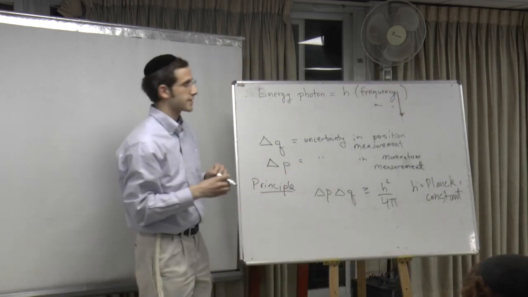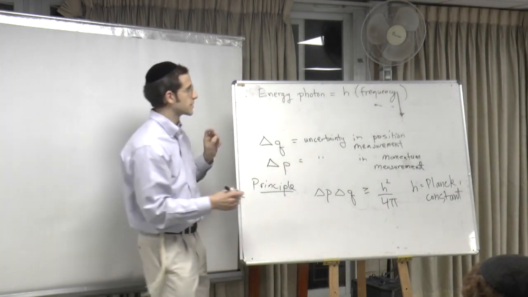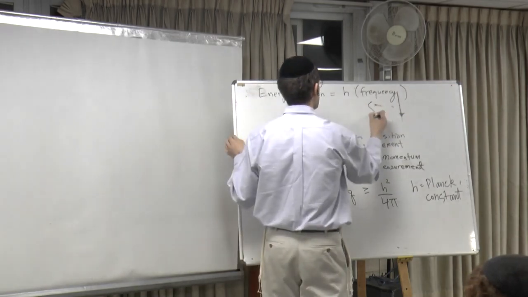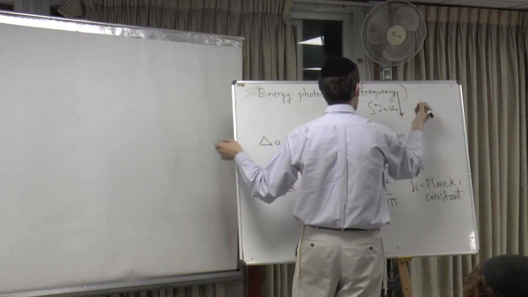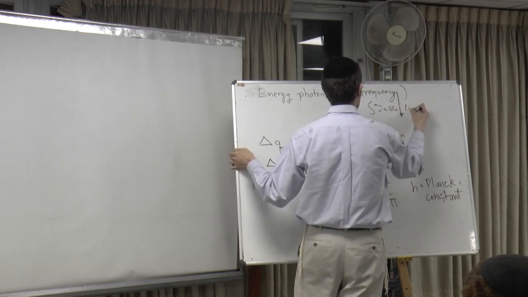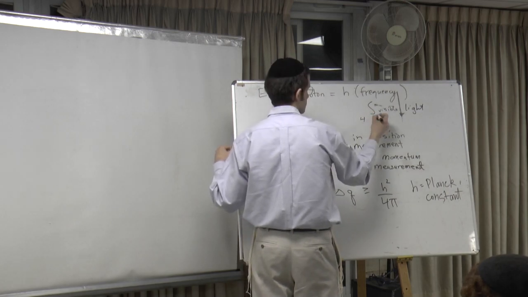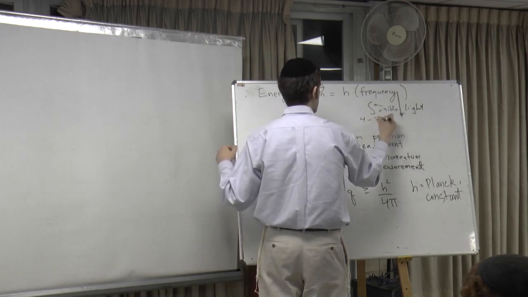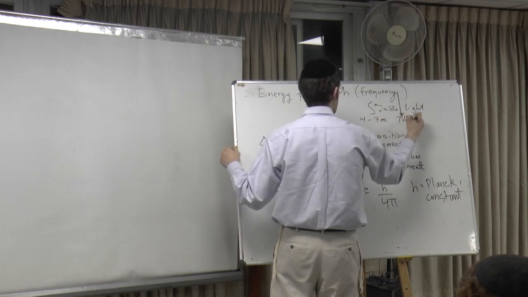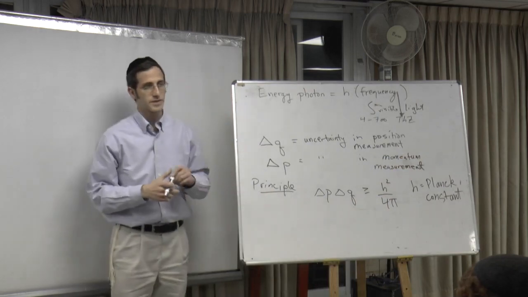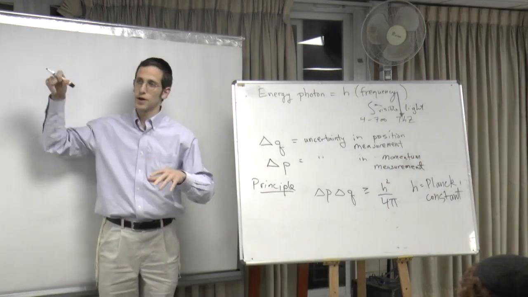For example, for a photon of visible light, not infrared or ultraviolet or radio waves, the frequency is roughly between 400 and 700 terahertz. That means hundreds of trillions of alternations per second.